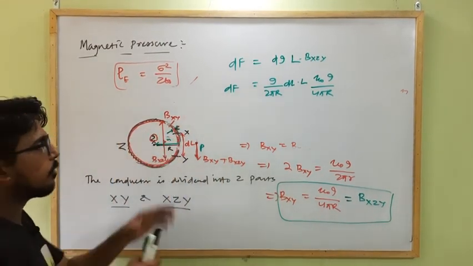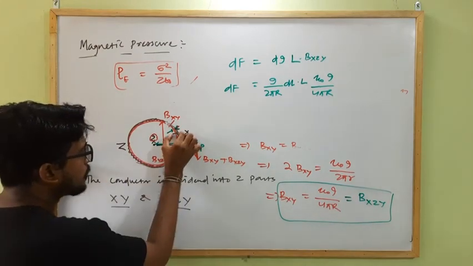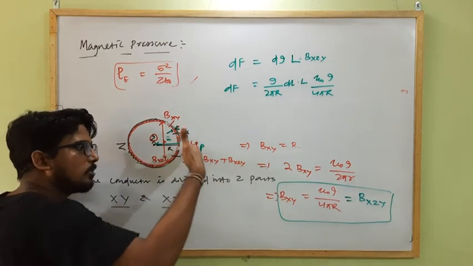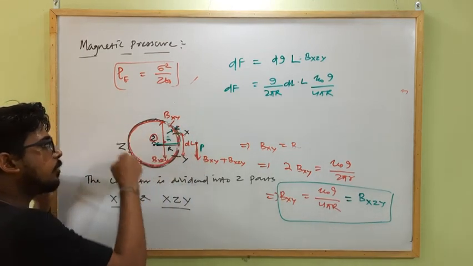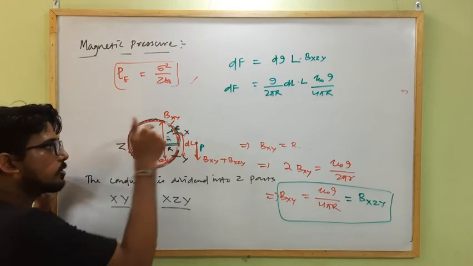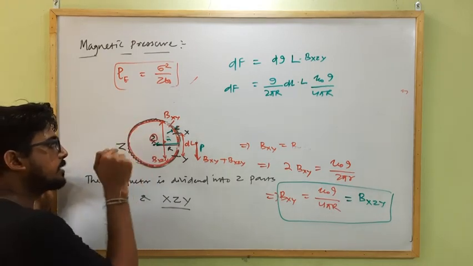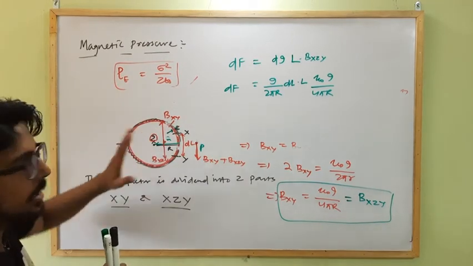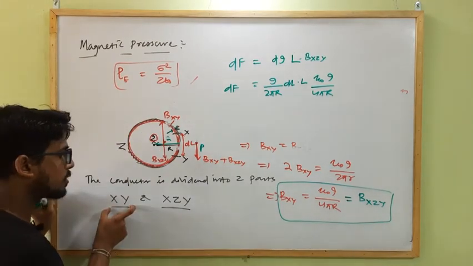Clear? I am considering the current carrying conductor of this segment as a current carrying conductor which has width dl and a length into the plane of L, and xzy is another current carrying conductor, because current is flowing through each and every point parallel and into the plane. So the complete circular current carrying conductor is divided into two segments, xy and xzy.